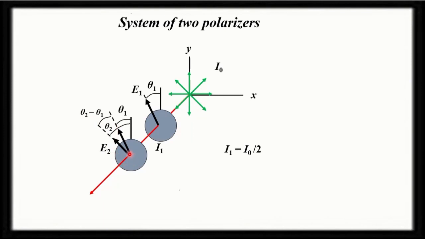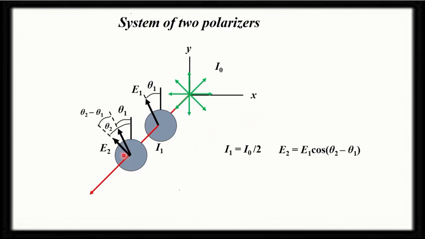And then the magnitude of E2 can be found according to this equation. So E2 is E1 times cosine of this angle.